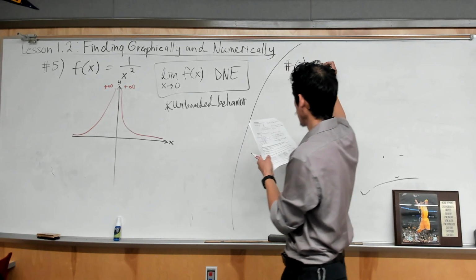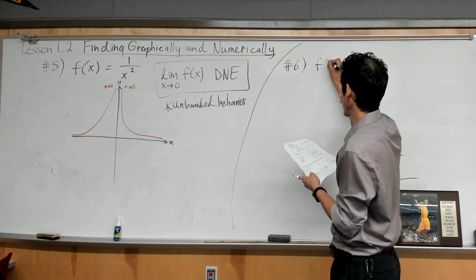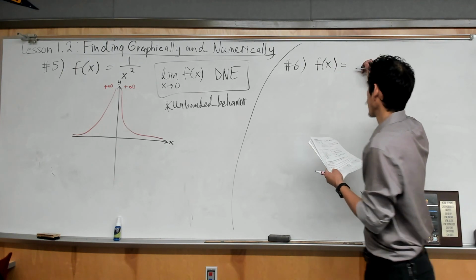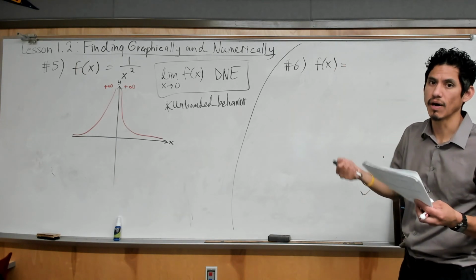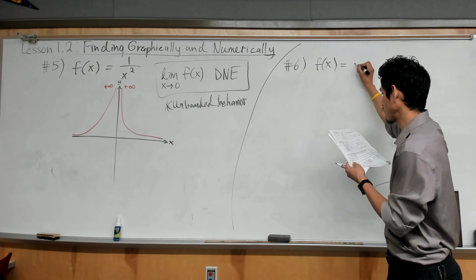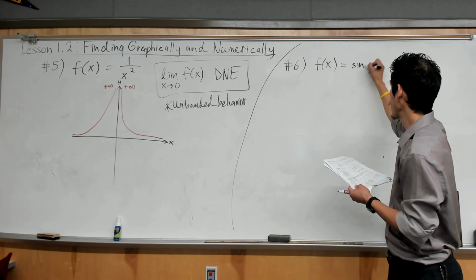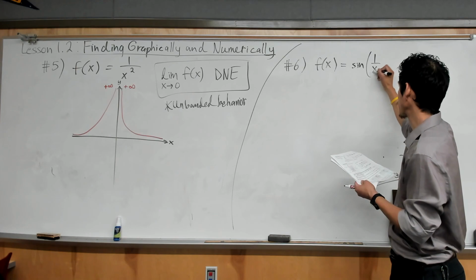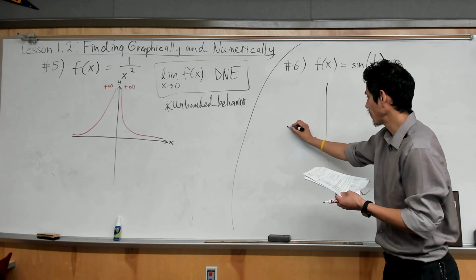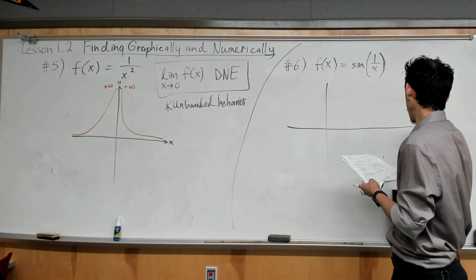Number 6. We got this guy, and I'll show you later on how we can use the graphing calculator efficiently. But if you were to graph the function, the sine of 1 over x, you're going to see some craziness.